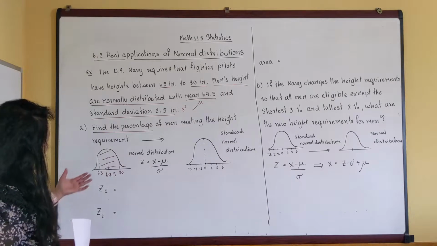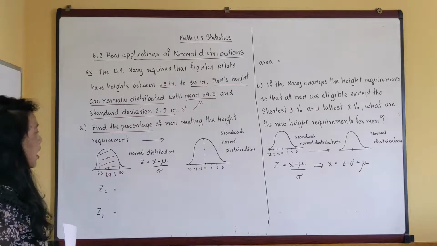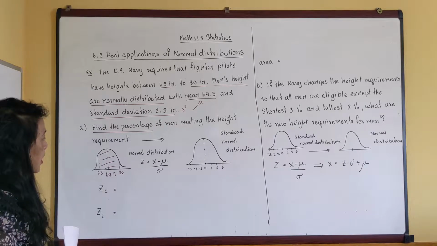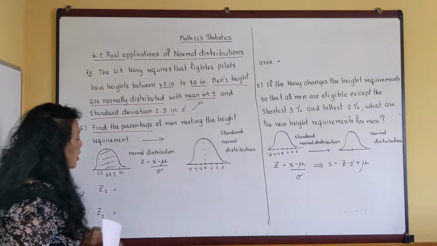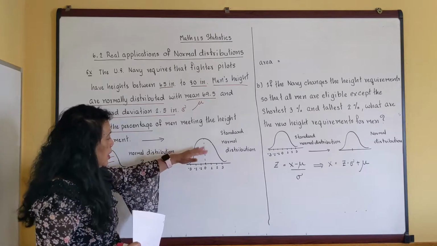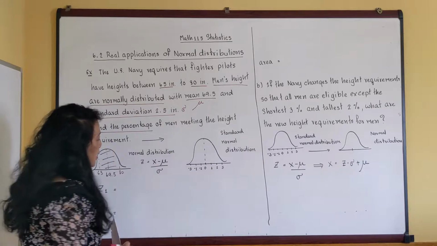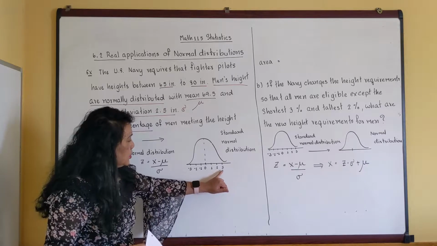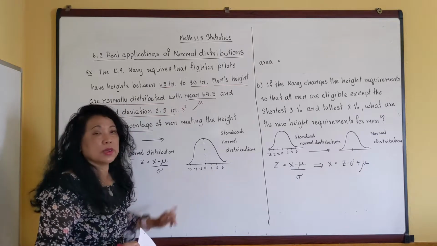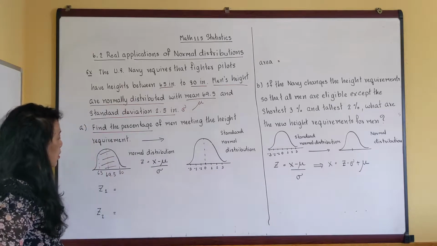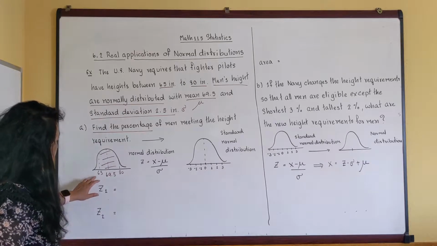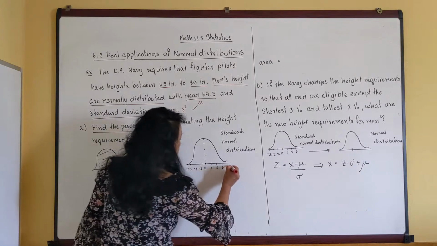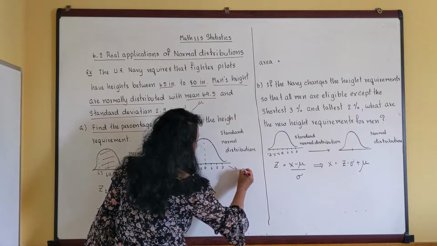In order for us to find the area under the curve, we have to convert to the standard normal distribution. Standard normal distribution is also bell shaped, the area under the curve is 1, and the z-score is on the horizontal axis: 0, 1, 2, 3, -1, -2, -3.